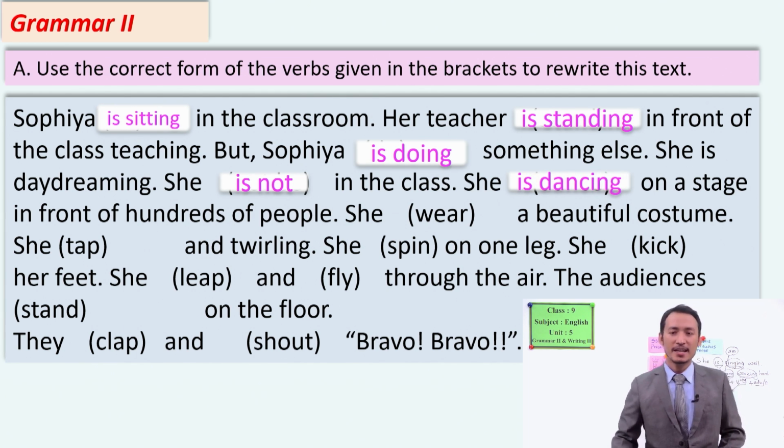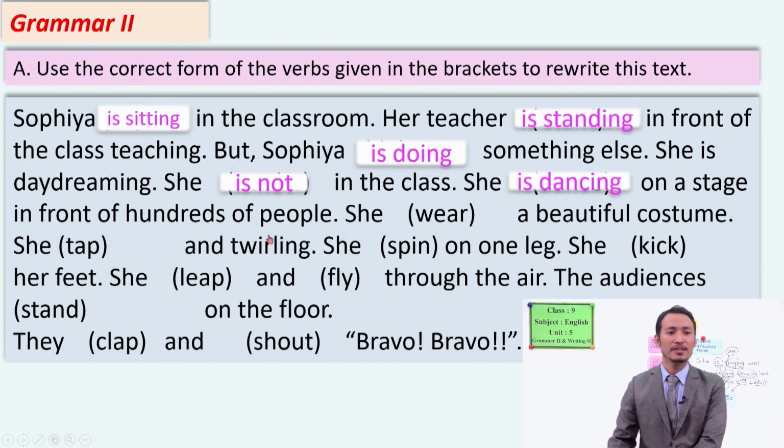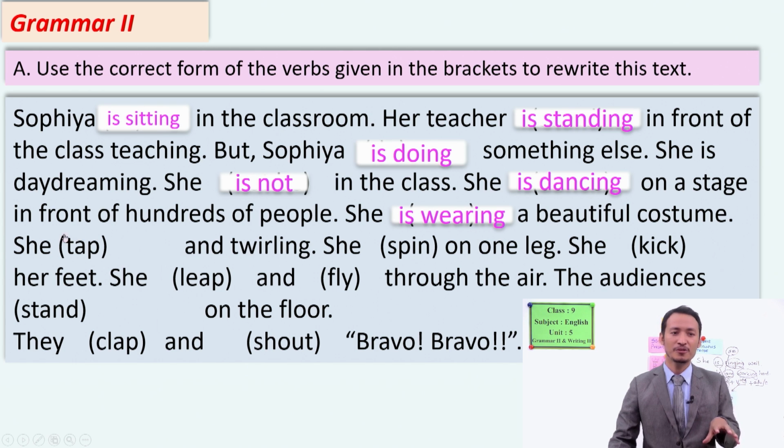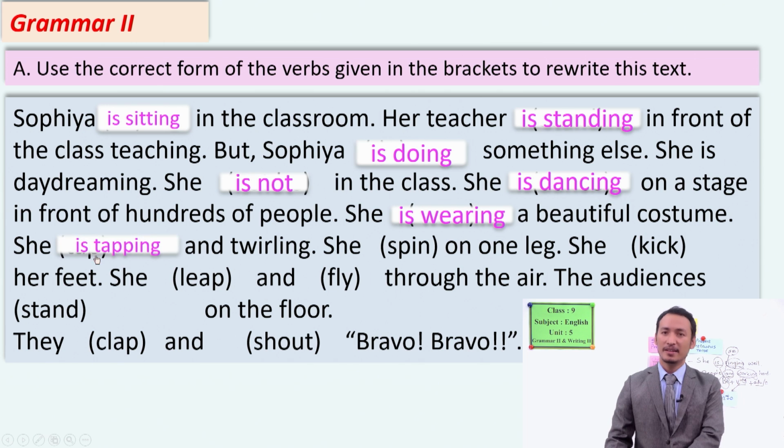So she is dancing on a stage in front of hundreds of people. I know she is wearing a beautiful costume, and we can see here in this sentence, twirling is given here. Twirling is going round and round. So twirling is in ing form, so the given verb should be in ing form as well. So we can easily guess that she is tapping and twirling. Okay, tapping is making sound with her foot, and twirling is going round.